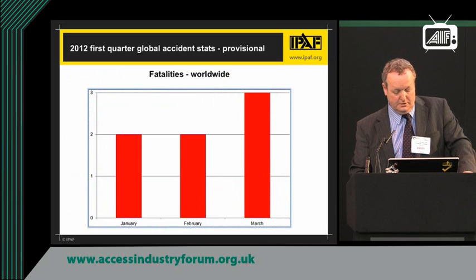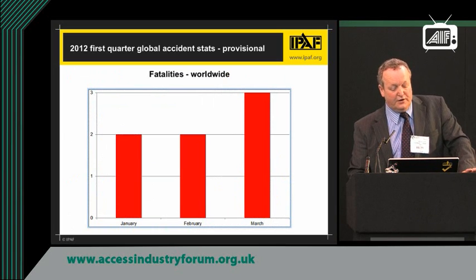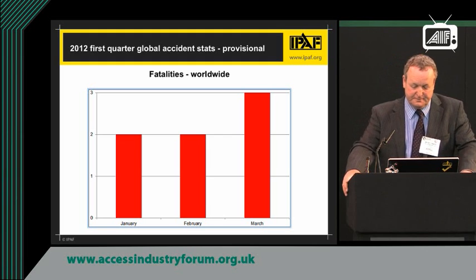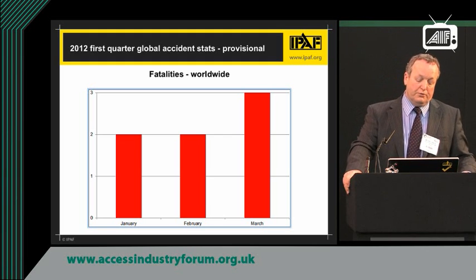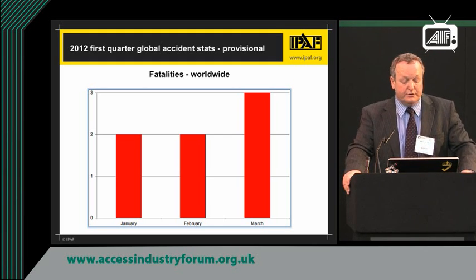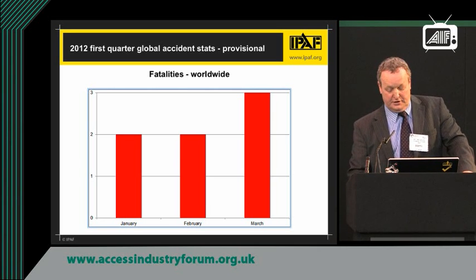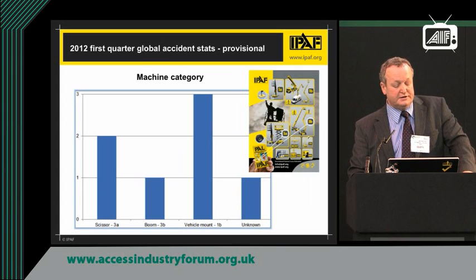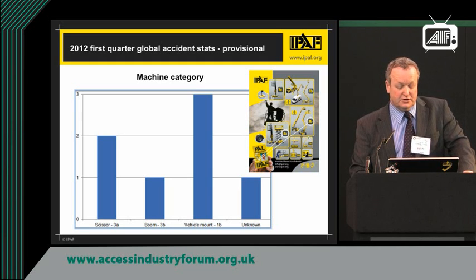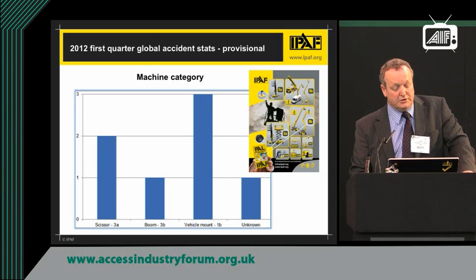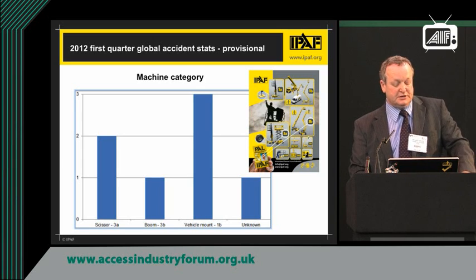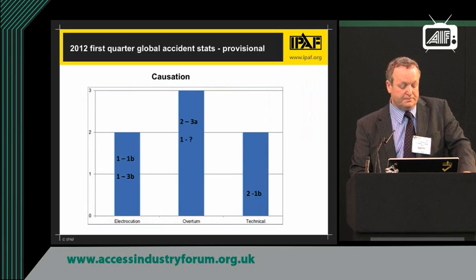What I will say is, from the first 3 months of this system, I will give you some global reports. In January there were 2 fatalities using powered access machines, February 2, and there were 3 in March. This is worldwide data. Of those, 2 involved scissors, 1 involved a boom, 3 involved vehicle mounts, and 1 was an unknown, because we were still looking into the report as to what type of machine it was, but it is suspected it was another 3B, another boom.